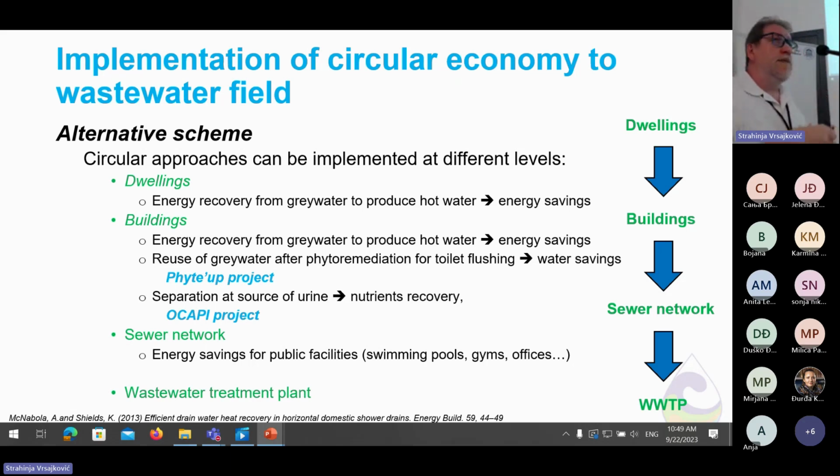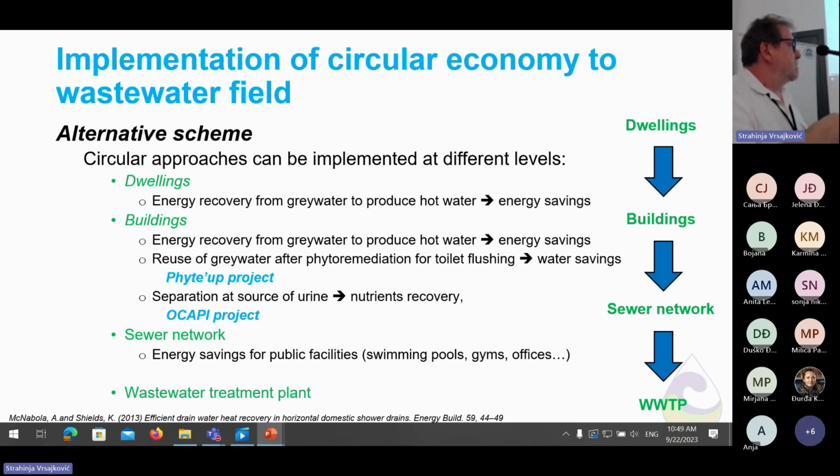At the scale of the building, in this case, you harvest all the grey water at the foot of the building, and then you recover also energy from all the grey water using a heat exchanger, and you can produce hot water for the whole building for everyone, and this is also energy saving. But there are two other aspects that are less known, which are the reuse of grey water after phytoremediation on the roof for toilet flushing.